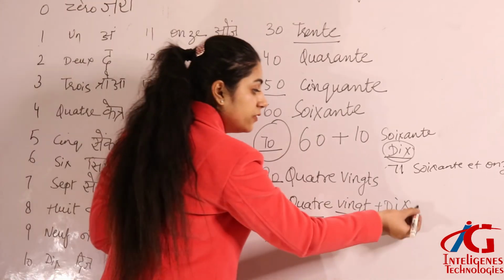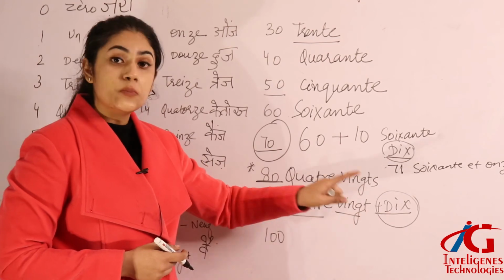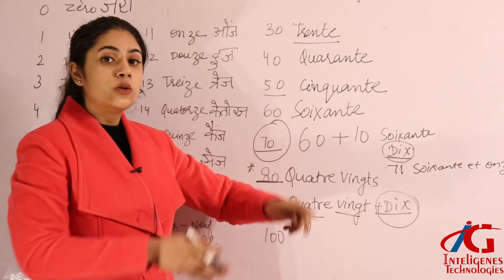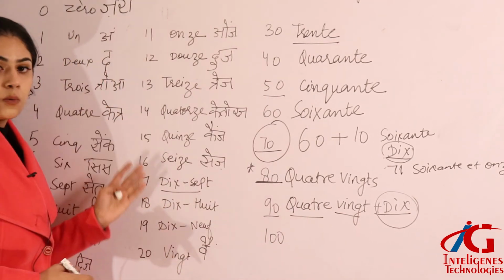Why? Because we have this in the end. So we have this in 70, we have this in 90, which means when we have this, we need to follow the 11, 12, onze, douze, treize pattern instead of un, deux, trois.